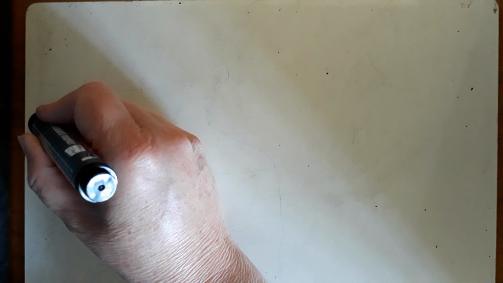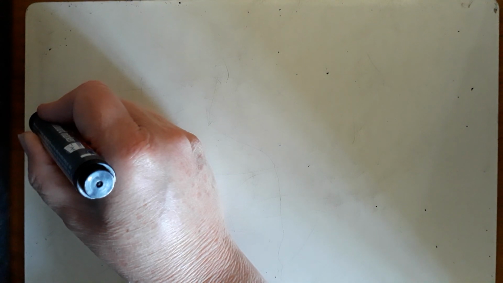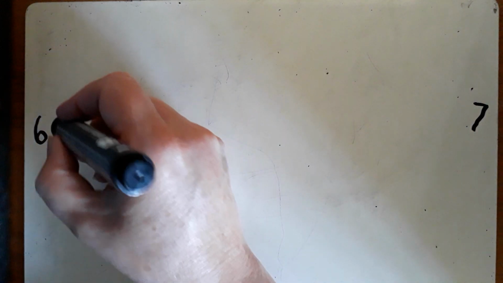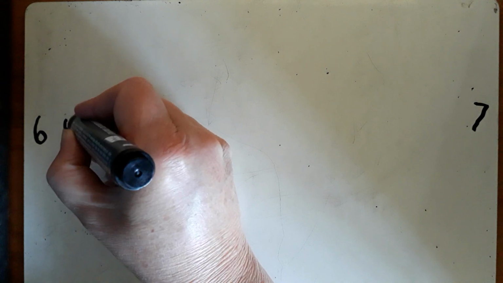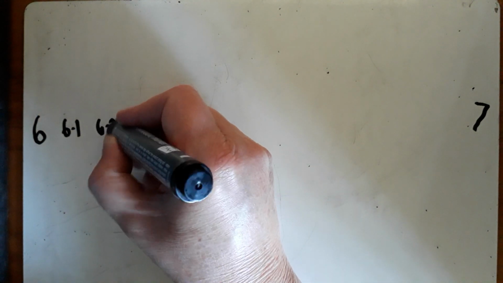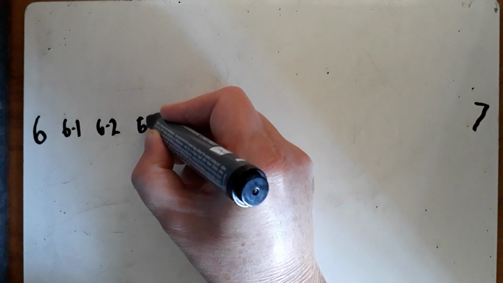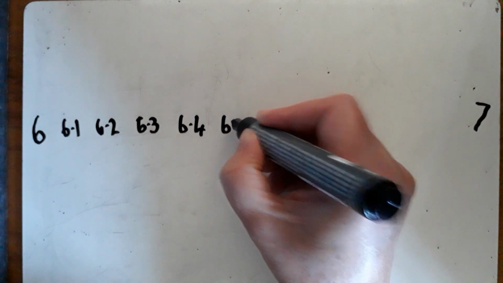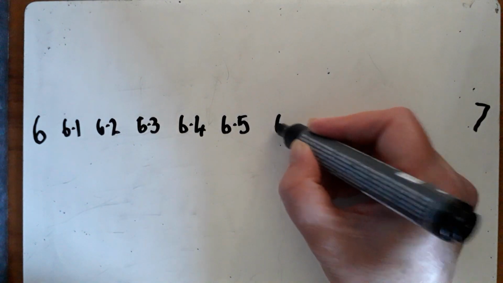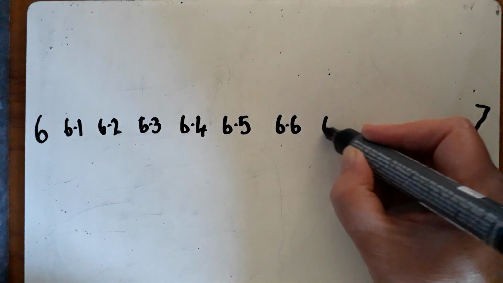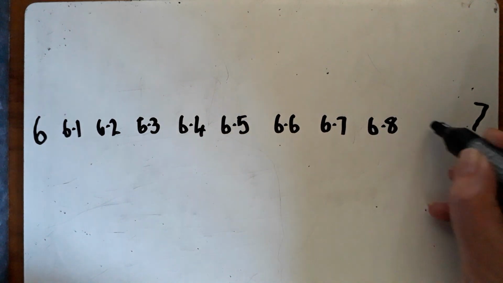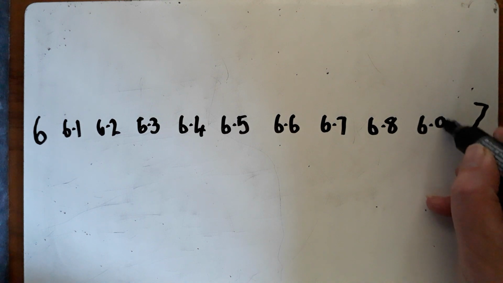If we look at the decimal numbers between the whole 6 and 7, it will go 6.1, 6.2, 6.3, 6.4, 6.5, 6.6, 6.7, 6.8, and 6.9.